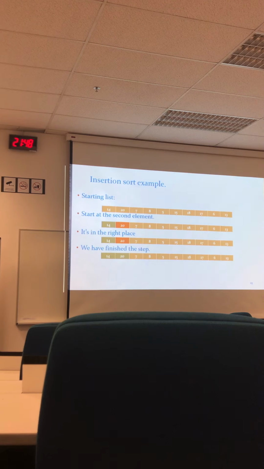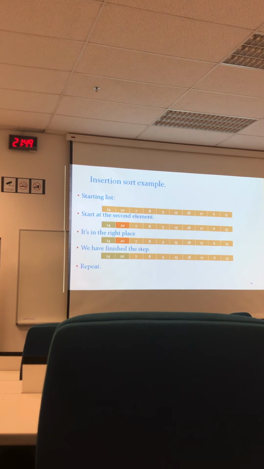And so after the first step, these two elements will be the sorted part, because we arranged them in order. This is the sorted part, and this is the unsorted part. So at the end of the first step, your sorted part includes two elements. Now we repeat the same thing. Every time we extend the sorted part by one element.